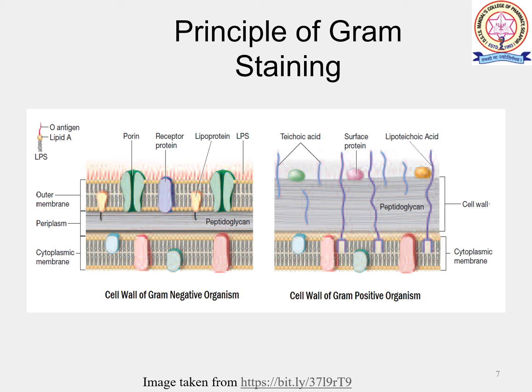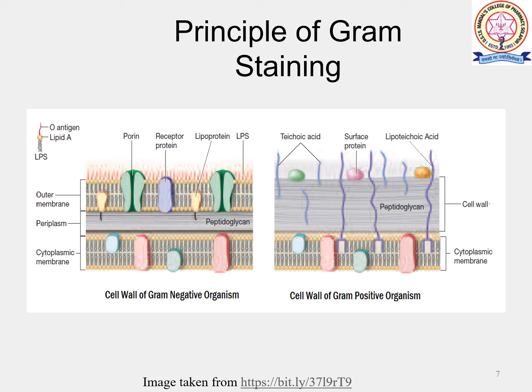The gram-negative cells, having a thin layer, become leaky, and the crystal violet and iodine complex comes out of it and is washed off.